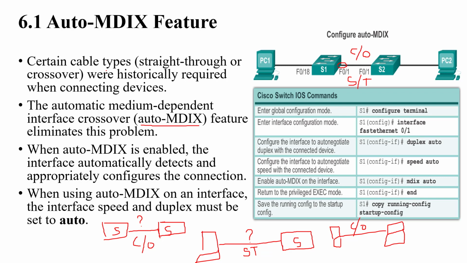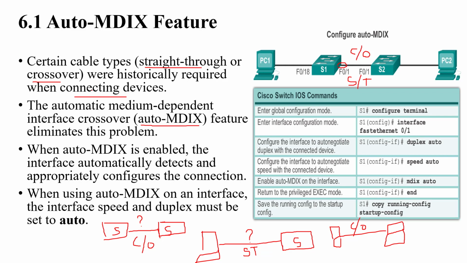You see, there are certain cable types, straight through cable or crossover cable, historically required when connecting devices. If you connect similar devices, you need a crossover cable. If you connect different devices, you need a straight through cable. So what does auto MDIX mean?